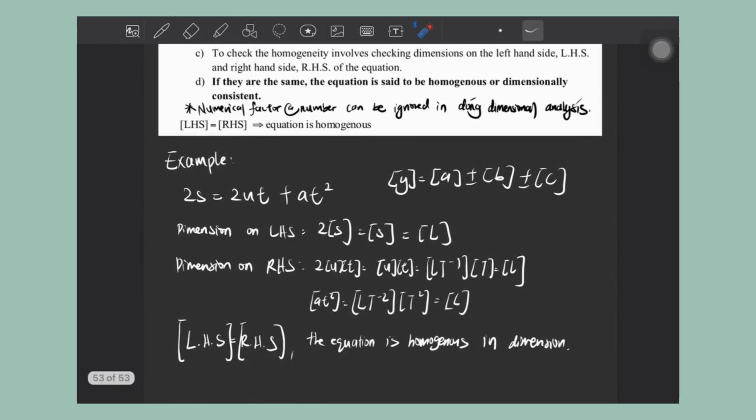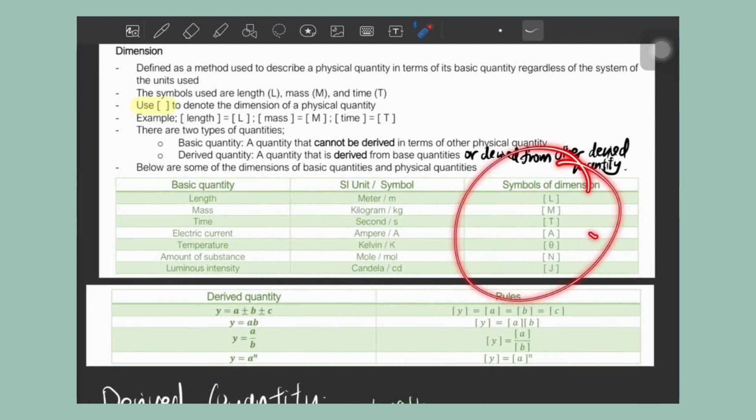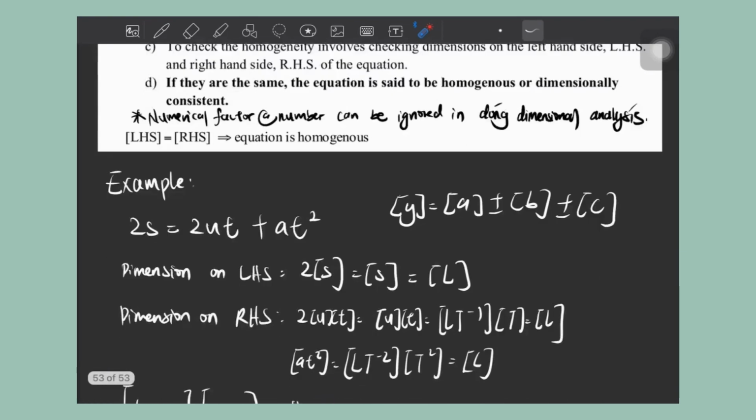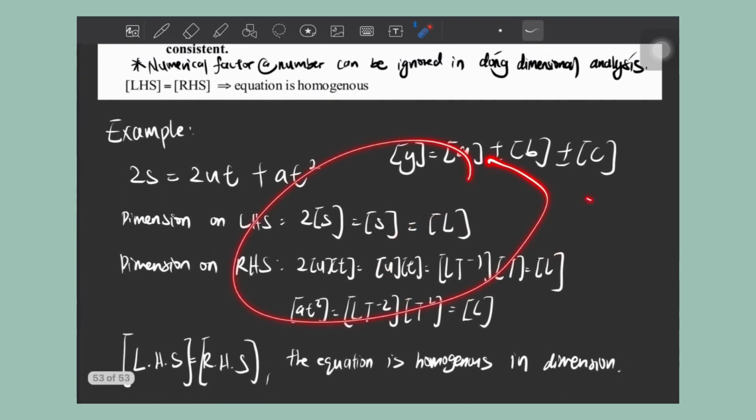So it is very easy, we just need to know the symbol of dimension and the unit of the dimension. By looking at these few examples, it is very easy for us to understand what dimension and dimensional analysis are.